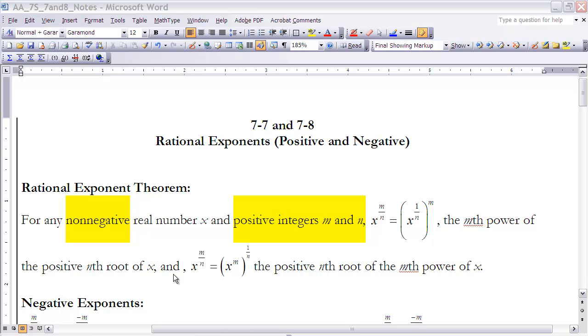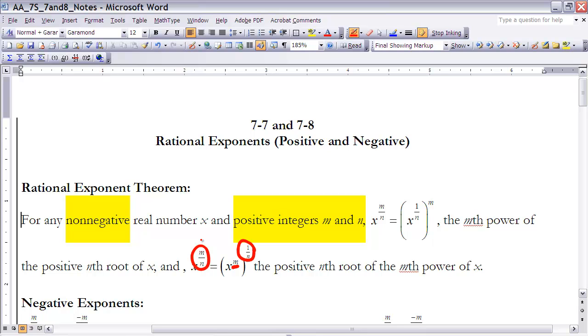In other words, when I look at a rational exponent like I have here, that rational exponent, m over n, can be broken down into two parts. The first part being the power, and the second part being the root.